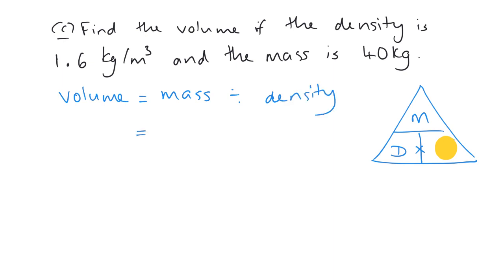So our mass is 40 kilograms and our density is 1.6 kilograms per meter cubed, and that gives us 25. Again, think about the units. The units for volume are going to be something like centimeters cubed or meters cubed. So our units for density are kilograms per meter cubed. So our volume will be meters cubed.